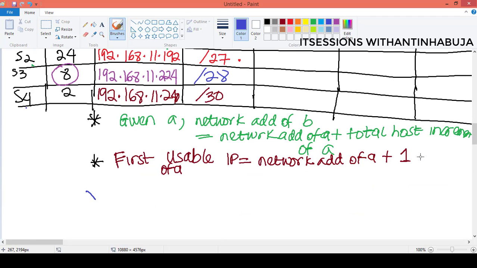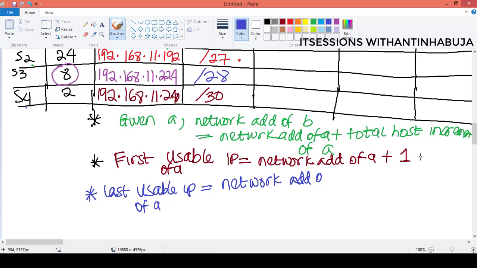So let me write it. Here's the formula. Last usable IP address of A will then be network address of A plus usable host increment of A. I will advise you to get a notebook and write these formulas.